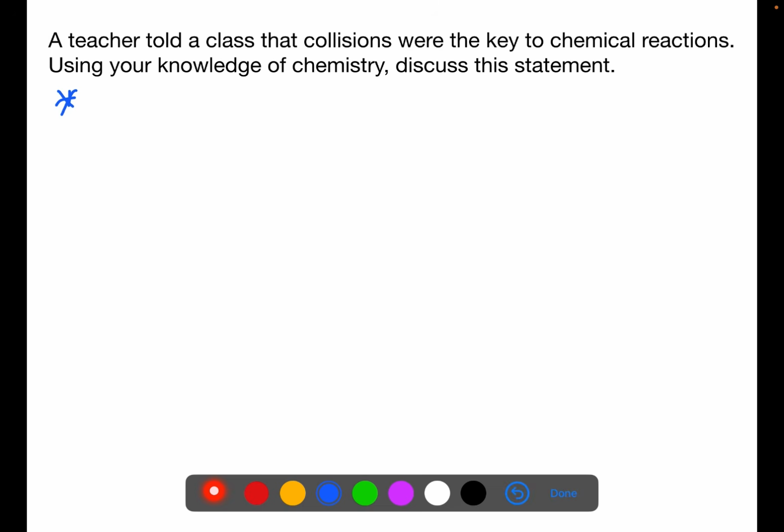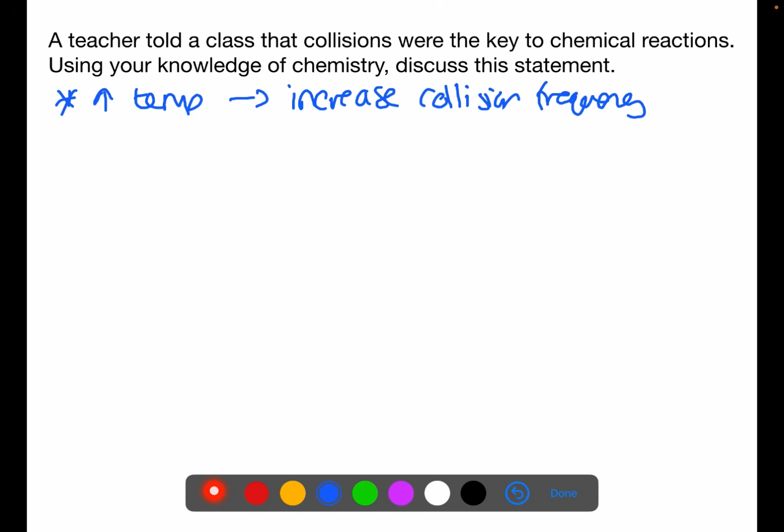So if you were to increase temperature, then you're going to increase collision frequency. So you're more likely to have successful collisions. So your rate would go up. If you were to increase the surface area by making the particles smaller, again, you're going to increase your collision frequency and increase your rate.